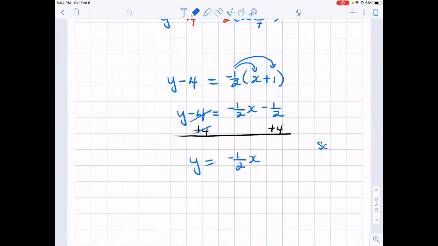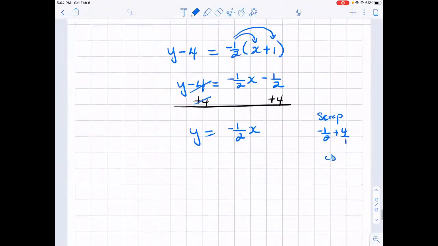And on the side, our scrap work, what is minus 1/2 plus 4 over 1? So the common denominator is 2. So this is minus 1/2. Multiply the top and bottom by 2. So this becomes 8. So this is equal to 7 over 2. So plus 7 over 2.